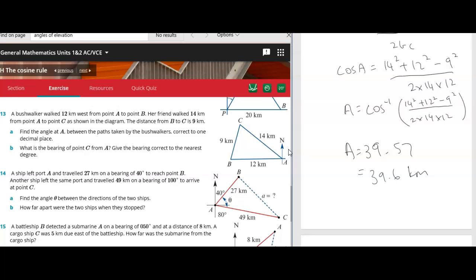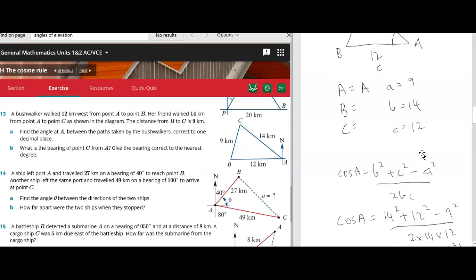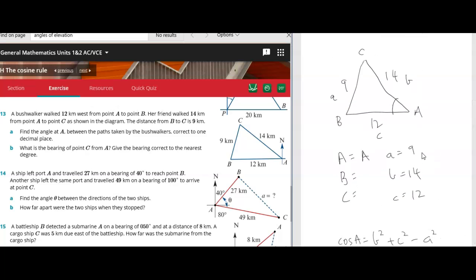Then part B, what is the bearing of point C from A? So we're going from A to C, so we're finding, I don't think I can actually draw on this book, but we're going all the way around. So if I go back to my diagram, which I drew up here, we're finding the bearing going all the way around to here.